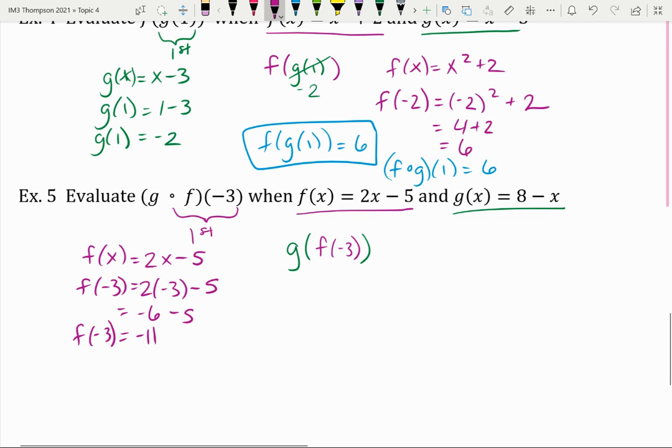Composition is not commutative like addition and multiplication. I rewrote it using parentheses. For me, this makes more sense in my brain than this, but you just got to pick what works for you. So I like to write it like this when I can, with parentheses. Because now instead of f of negative 3, I'm going to plug in negative 11 into g.